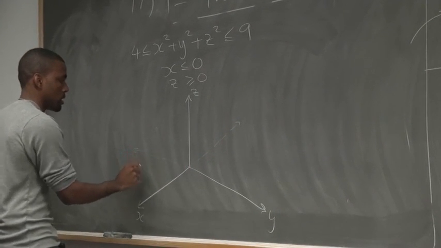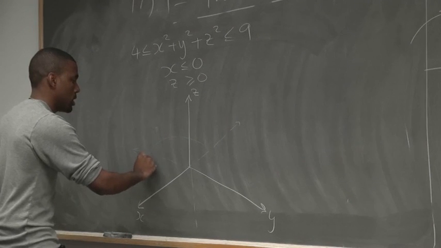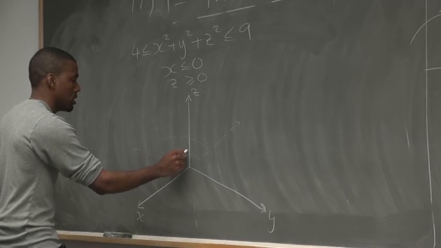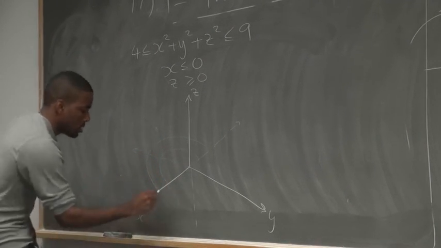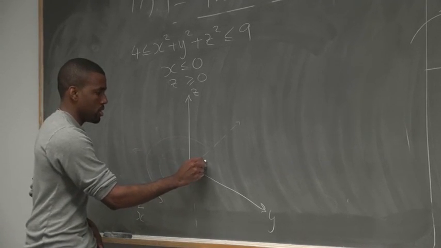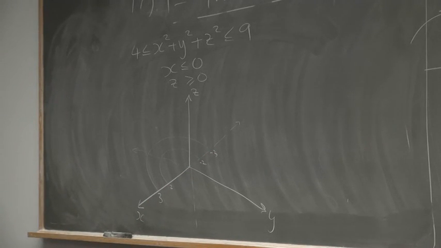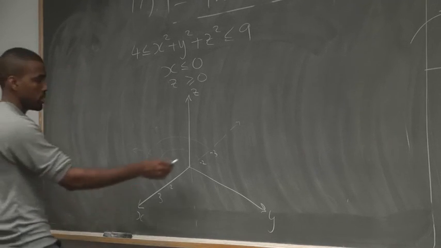I want the part of the spheres that are over here, right? The x is less than 0. Again, this is where the 2 is, this is where the 3 is, this is where minus 2 would be, where minus 3 would be. I want the z to be greater than or equal to 0, which means we're going above.